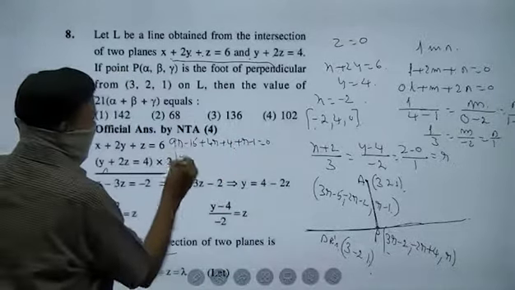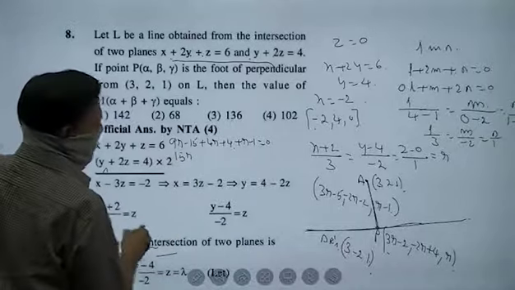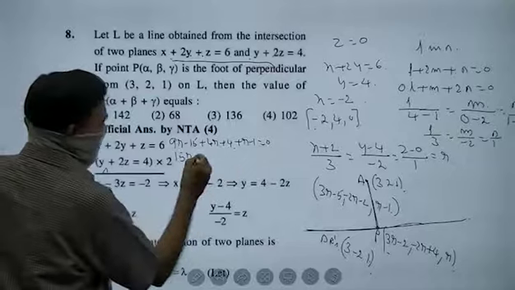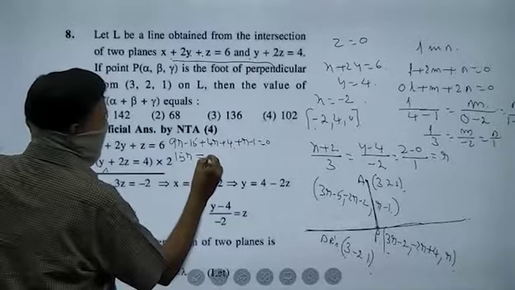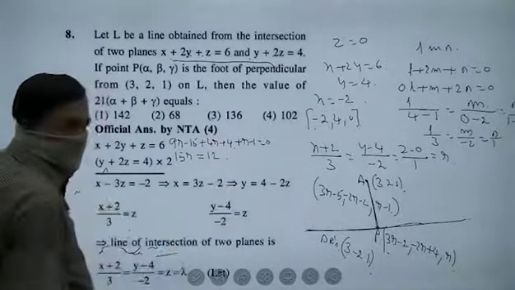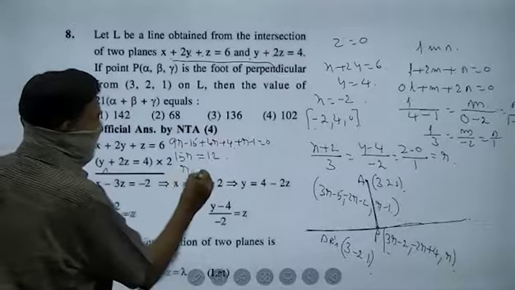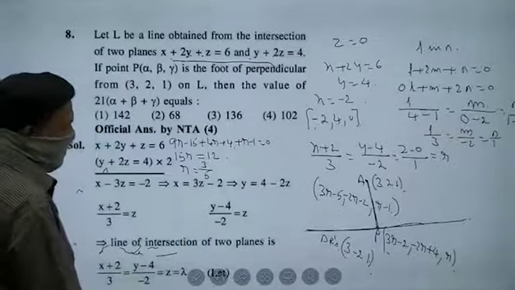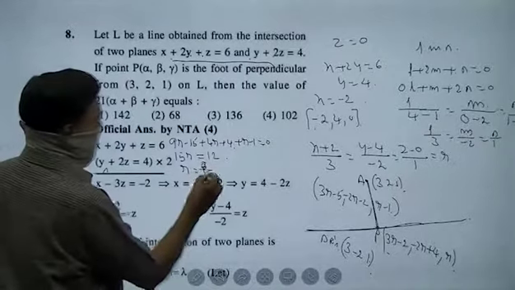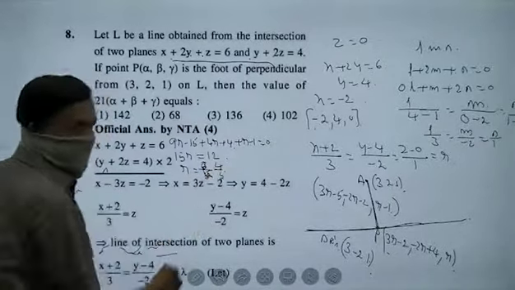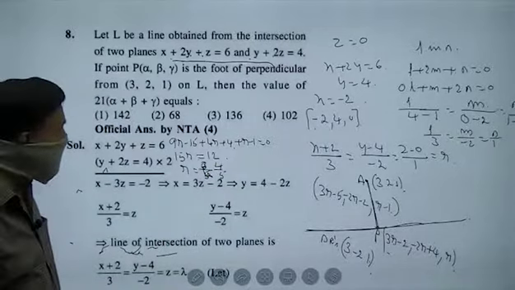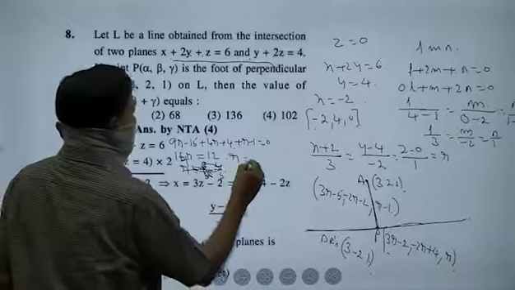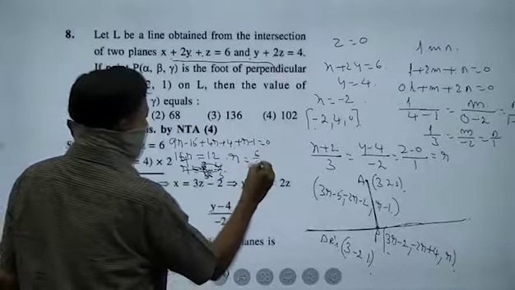So, 14r minus 12 is equal to 0. So r is equal to how much you will get? 6 by 7.